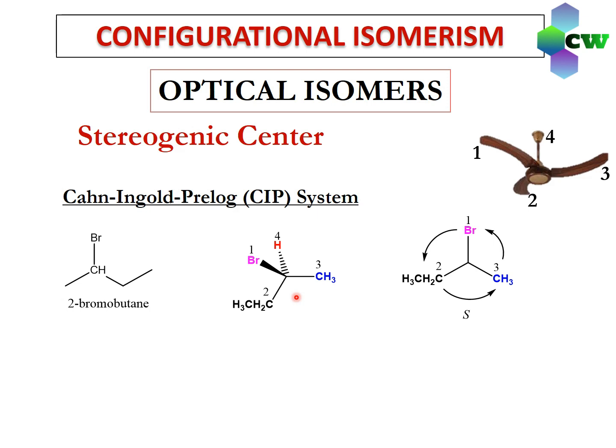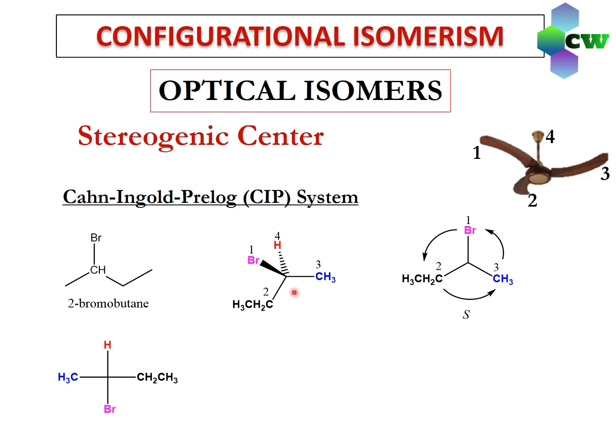So if you look at this molecule from this angle right here, then this CH3 and C2H5 will be projected towards you, right? And they will look as if they are on the horizontal plane of a Fisher projection.